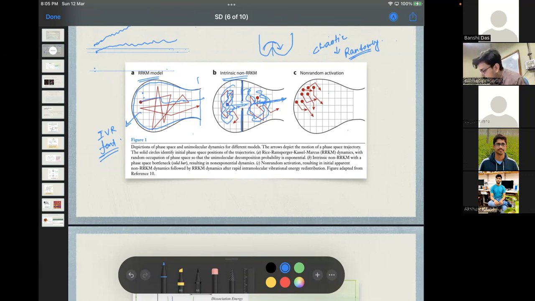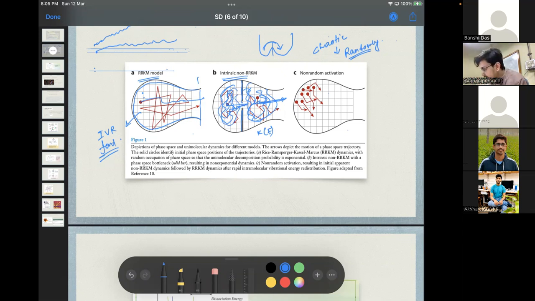So there will not be one particular rate constant, k(E), because there is a dynamical bottleneck. The rate constant will depend upon time, because there will be one rate constant for this region and another rate constant for this region, and it will also depend upon time, because the trajectory has to find its way through this hole, then it will be reactive.